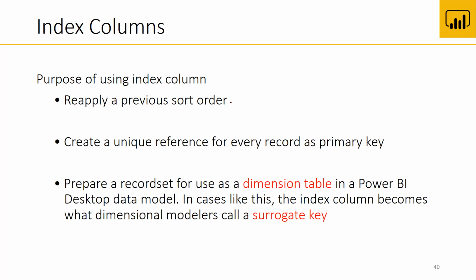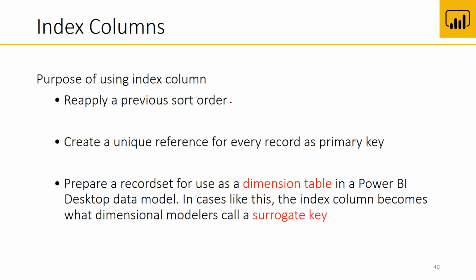So before sorting the data, I should generate the index column. By generating the index column, the original order is maintained. Then I can sort the data, and if I sort the data by the index column, then the data will appear in the previous order.